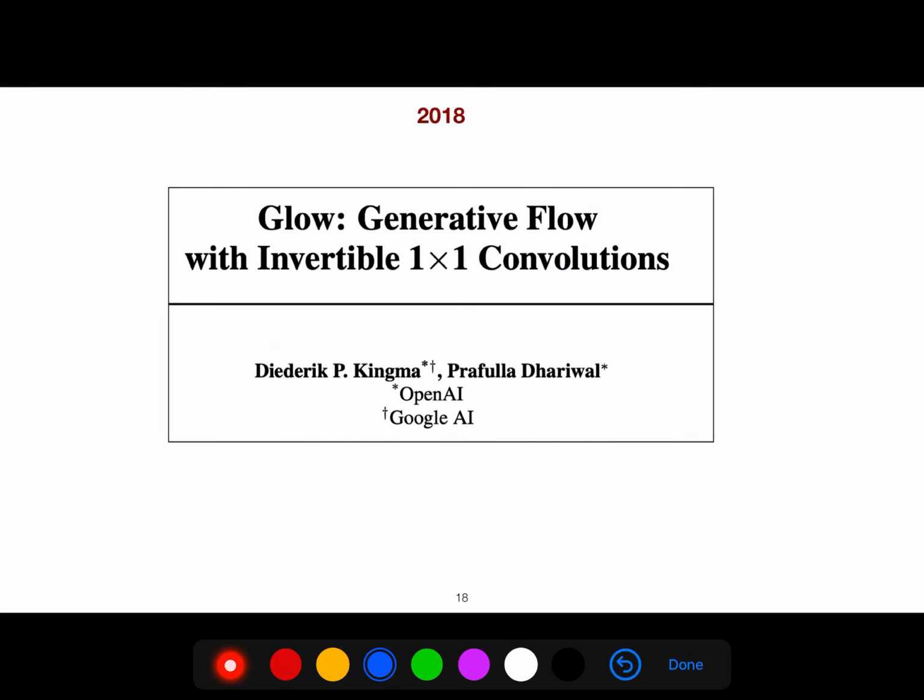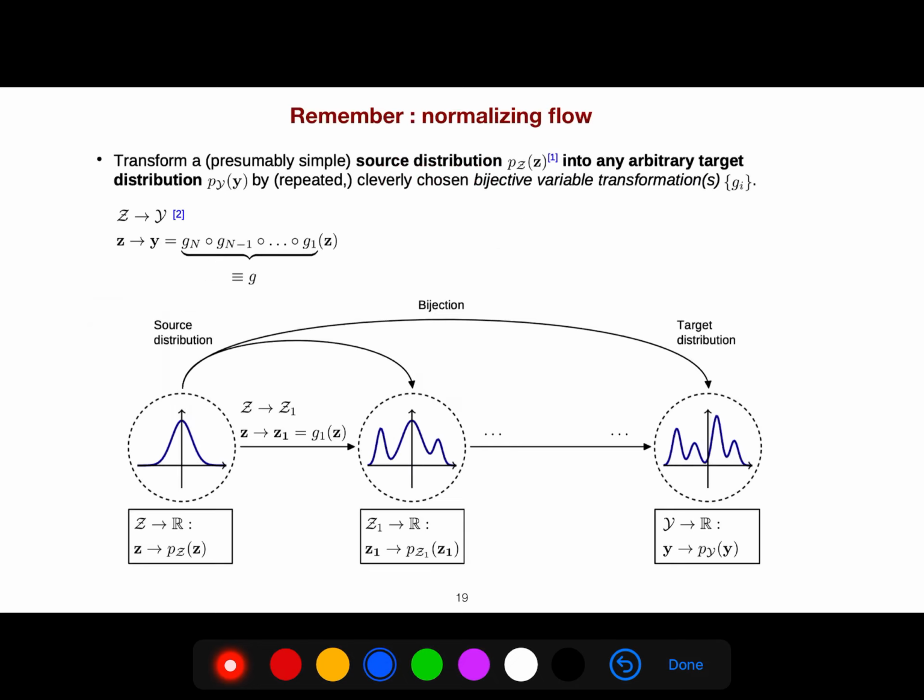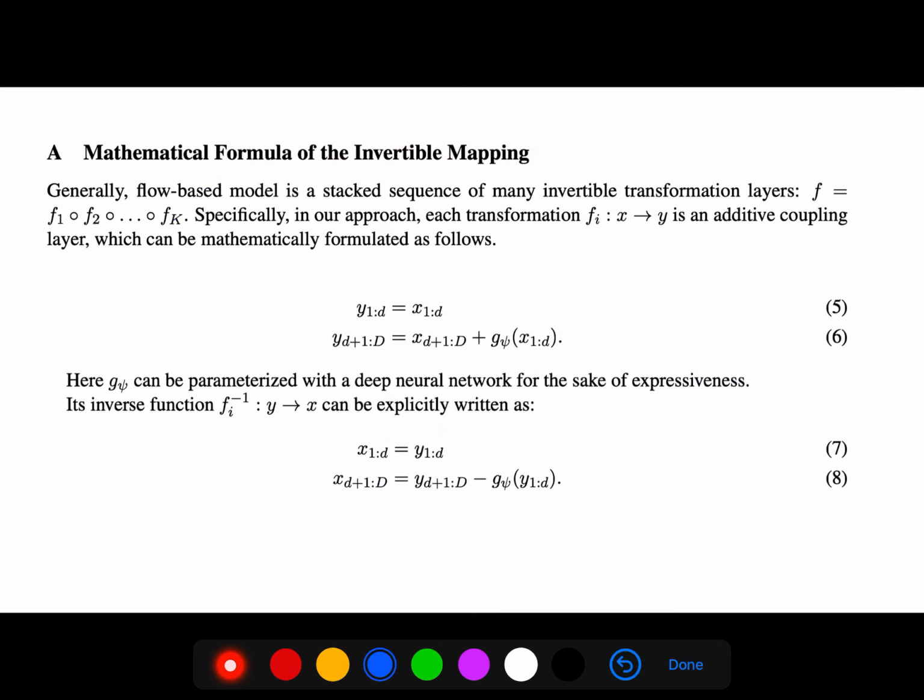This article in 2018, GLOW, is very important. So let me recall normalizing flows. It transforms a source distribution into a target distribution. But we cleverly choose bijective variable transformations. All of them are bijective, so the result is bijective.